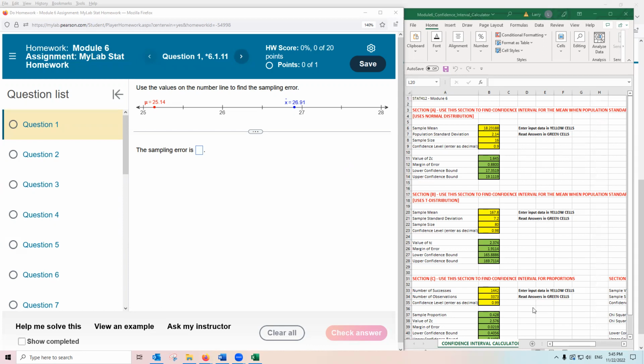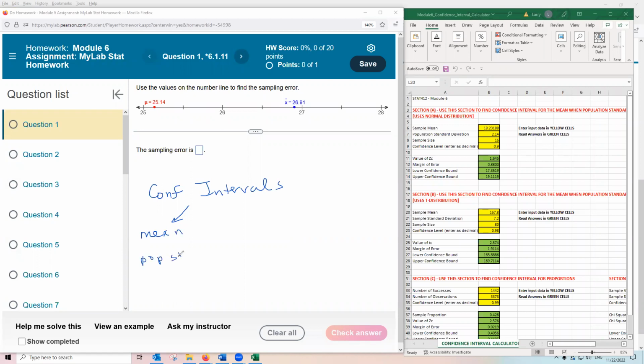So quick preview, in Module 6, we're going to be talking about 4 kinds of confidence intervals. There's a confidence interval for the mean when the population standard deviation is known. Population standard deviation, we use a simple sigma.